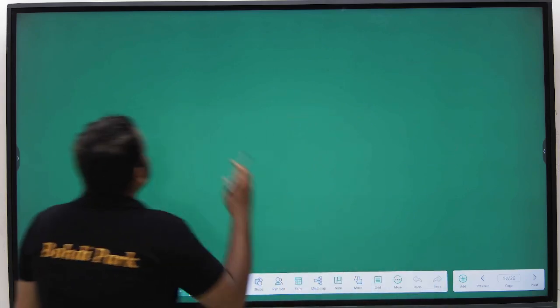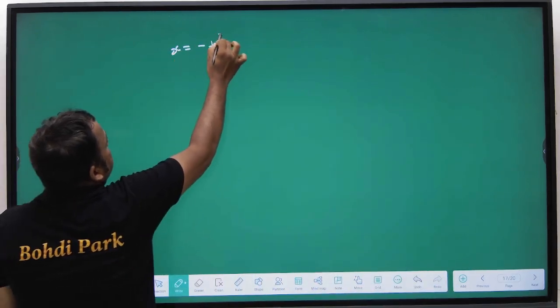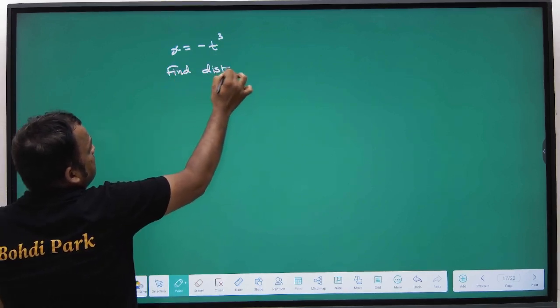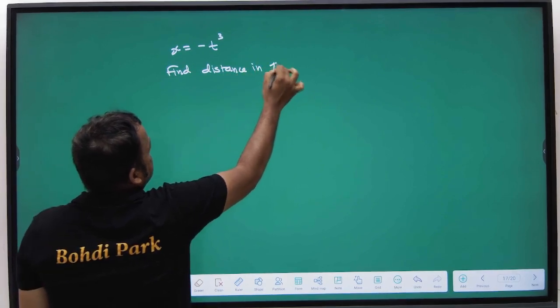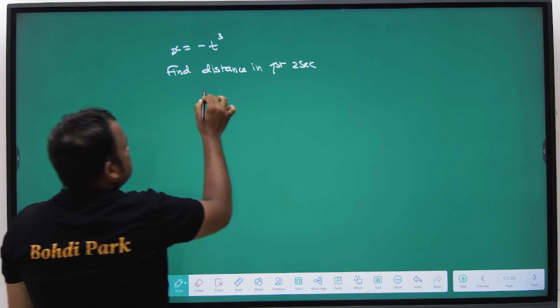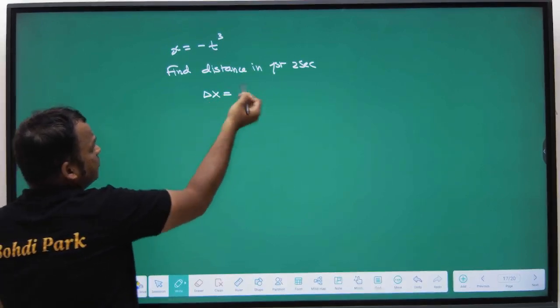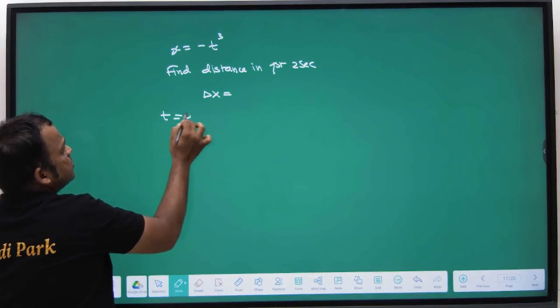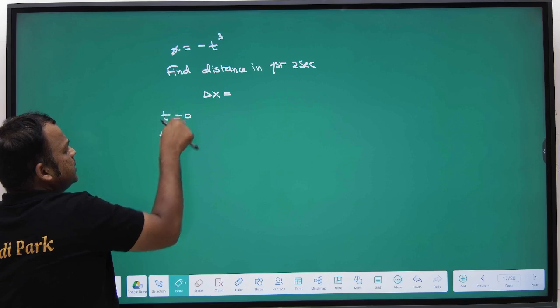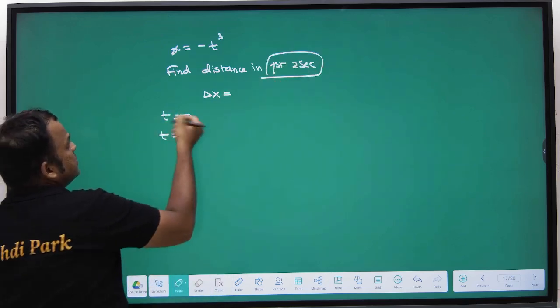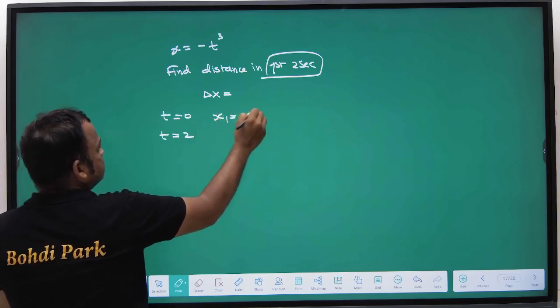If we say x is equal to minus t cube, now find the distance in the first 2 seconds. So first we will calculate delta x. Delta x means final minus initial. So t is equal to 0 and t is equal to 2. These are initial and final times when we say first 2 seconds. So t is equal to 0, what is x1?